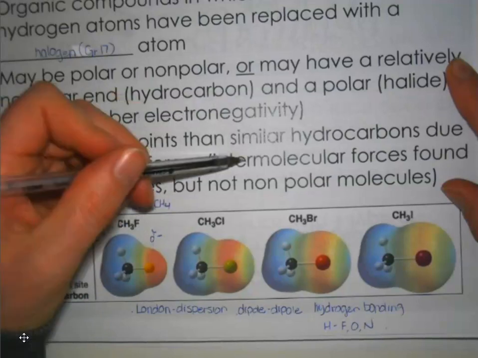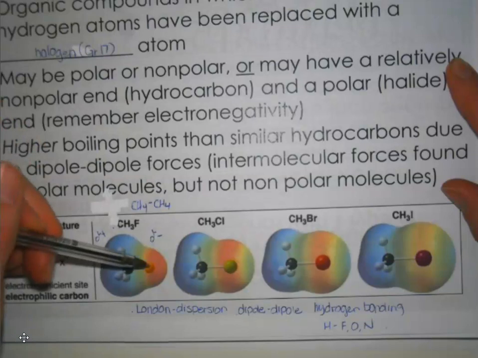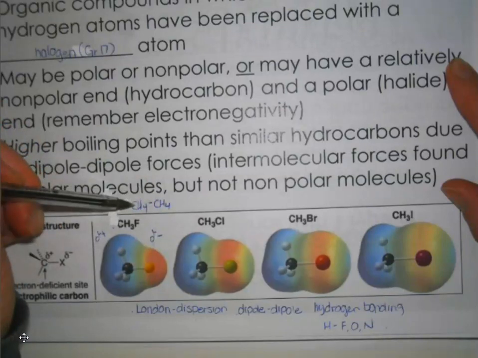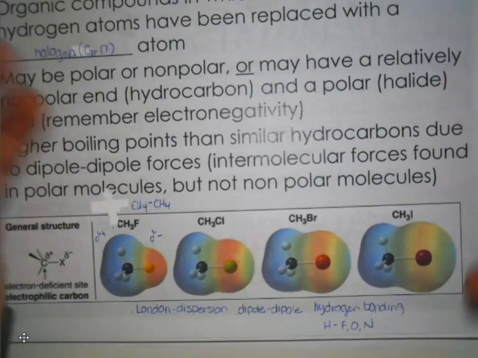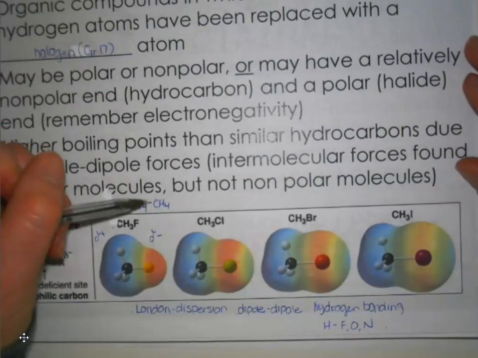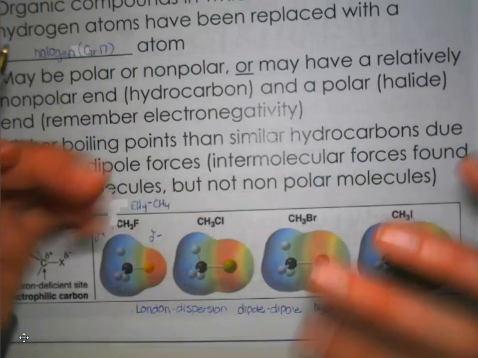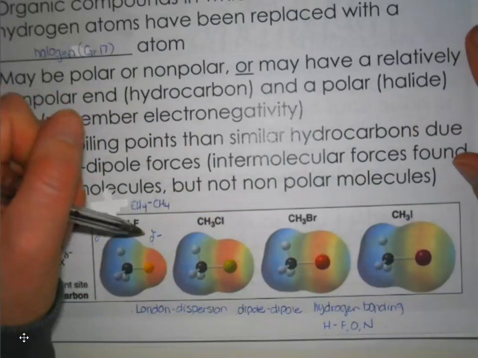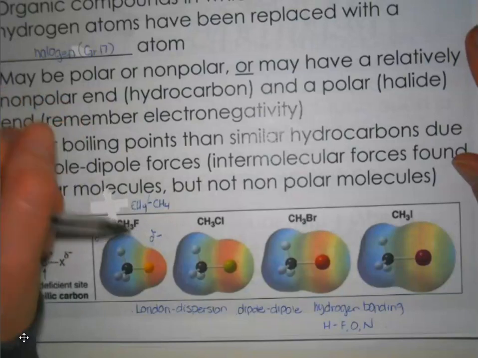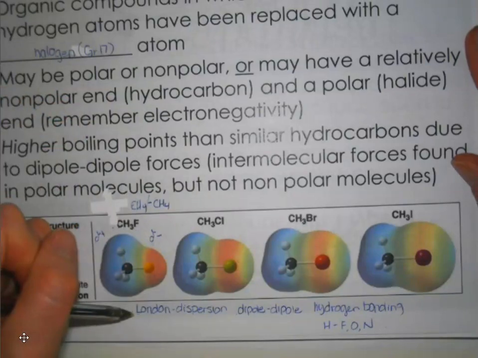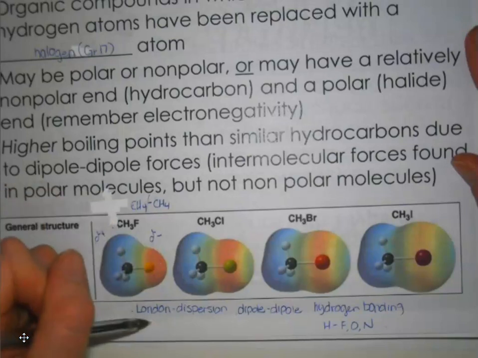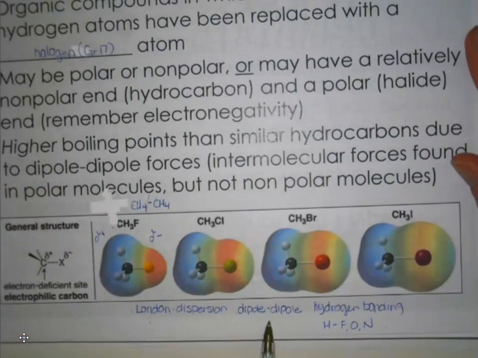Remember, intermolecular forces are not talking about the bonds between atoms in a molecule. They're talking about the bonds between different molecules that keep them together as a liquid, for example, right? So that it's all one substance, so that it all stays together. So these bonds are going to be more easily broken because they're only the London dispersion, whereas with this molecule, we would have London dispersion and dipole-dipole forces, okay, because of its polarity.